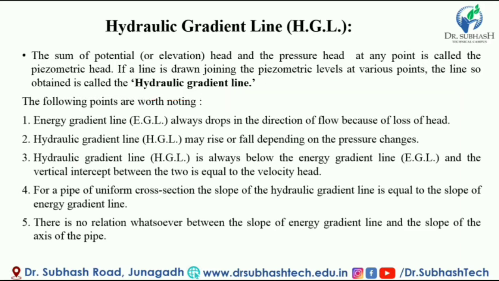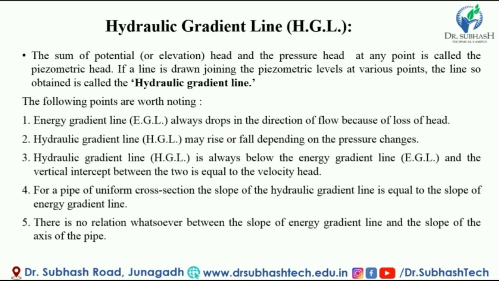Now some important points about the gradient lines are discussed. The first one is that the energy gradient line always drops in the direction of flow. In the direction of flow it is a downward side, it drops.